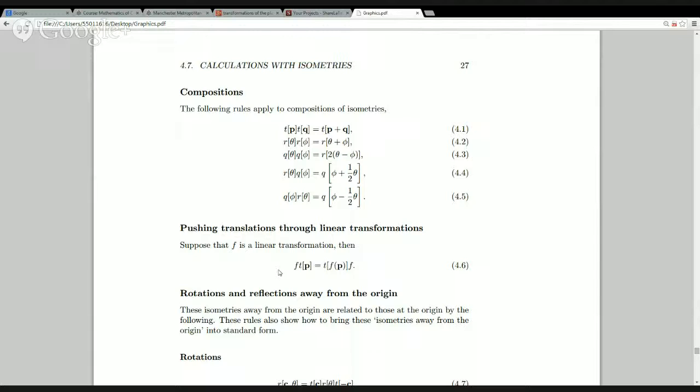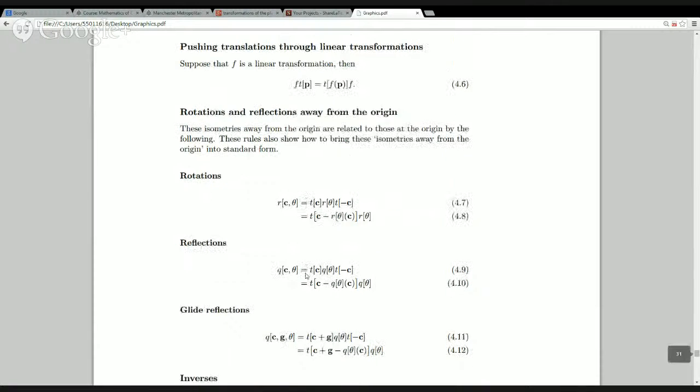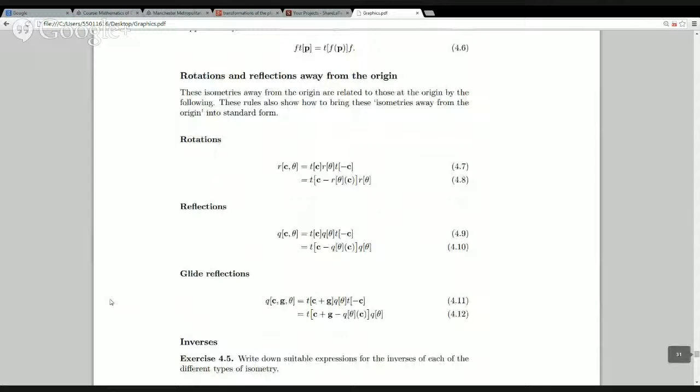And in a similar way, the other equations on that page take the two types of reflections, reflections and glide reflections, and show you what their standard forms are. The standard form in 4.10 for a reflection, Q C theta, bears a lot of similarity to this standard form for the rotation.